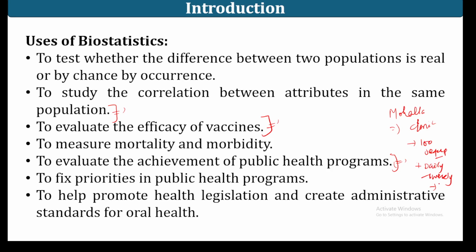So we will check the effectiveness, how much load is coming on the mohalla clinic, or how much the load has changed on the general hospital or the AIIMS due to that mohalla clinic, and that effectiveness we will check for the public health program also. So that can be done through the statistics part only.